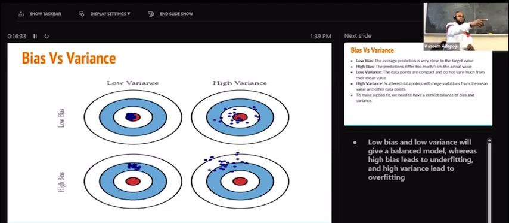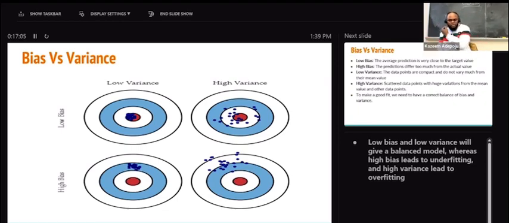But what happens when you have more predictors in your model? Even though you reduce bias, that leads to another problem: you increase the variance. And when the variance goes up, your model performs very well with training sets but poorly with test sets. Does that make sense?